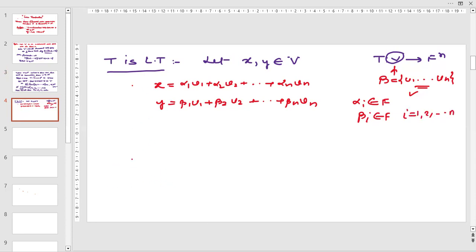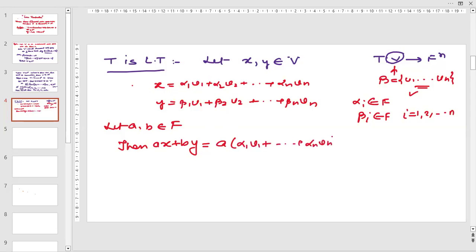Now let's check. Let a, b belong to F. Then ax plus by is going to be a(alpha 1 V1 plus up to alpha n Vn) plus b(beta 1 V1 plus up to beta n Vn).